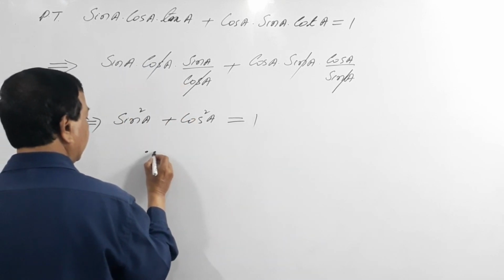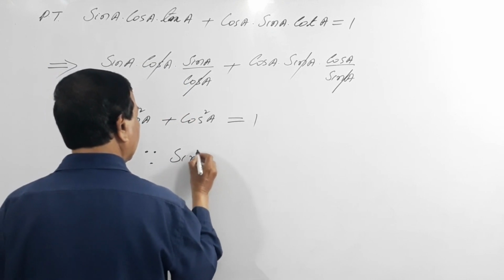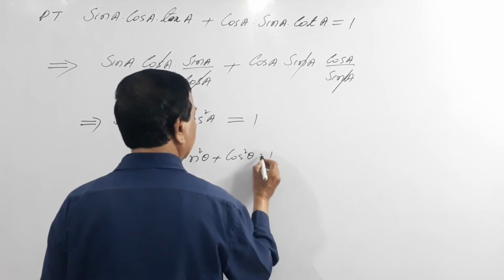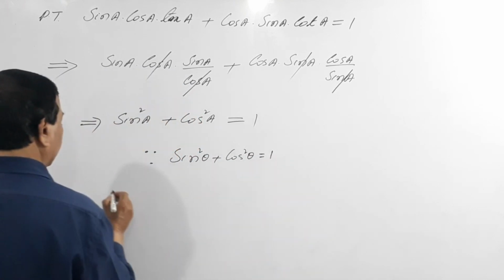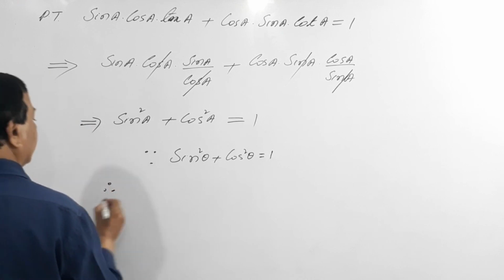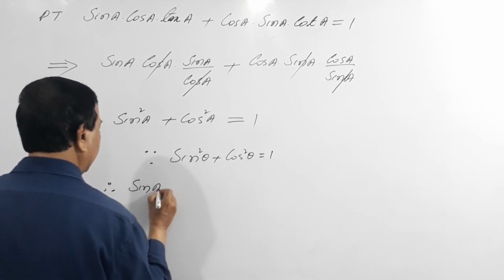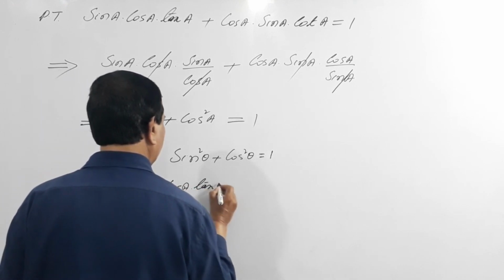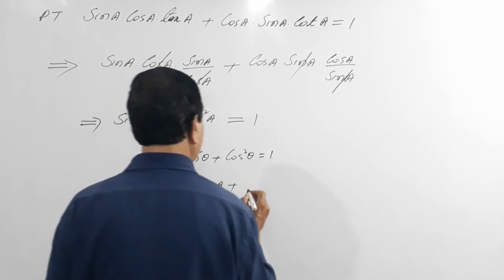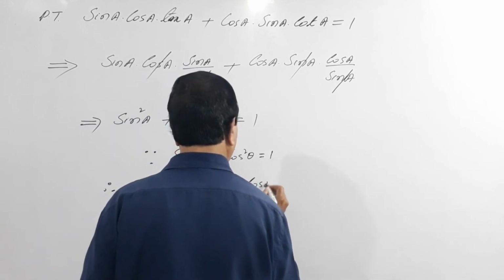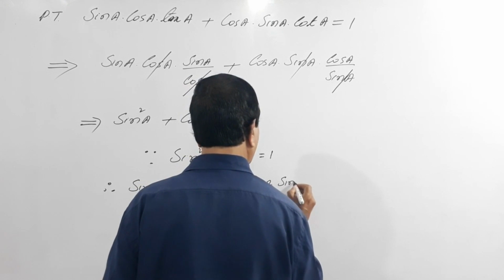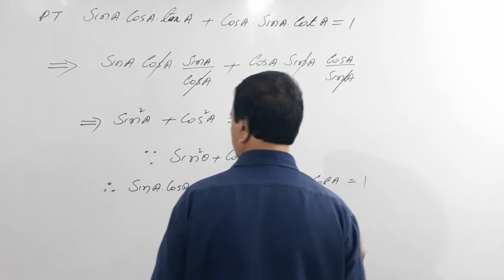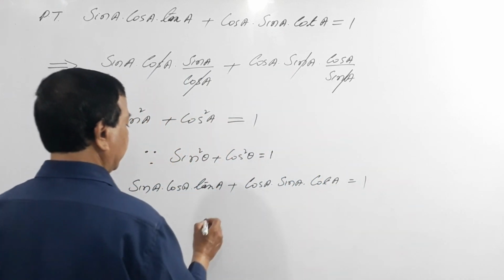Since sin square theta plus cos square theta equals to 1, therefore sin A cos A into tan A plus cos A sin A into cot A equals to 1. Hence proved.